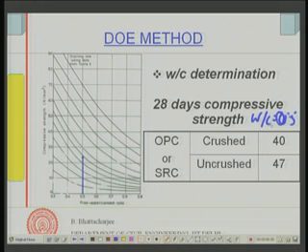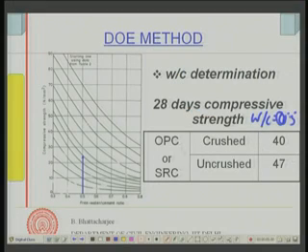Now, this guideline may not be suitable for our condition. So, this exactly cannot be adopted in our situation, because this strength may not be available for all OPCs in India. OPC with crushed aggregate is unlikely to give 40.